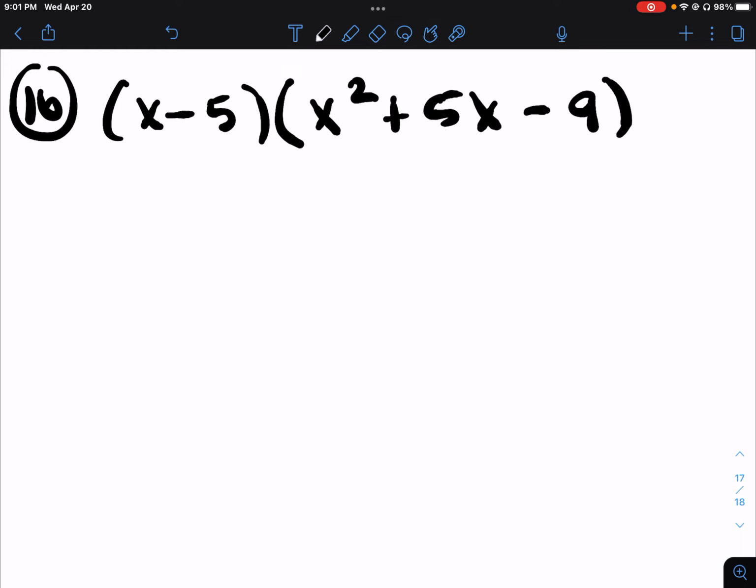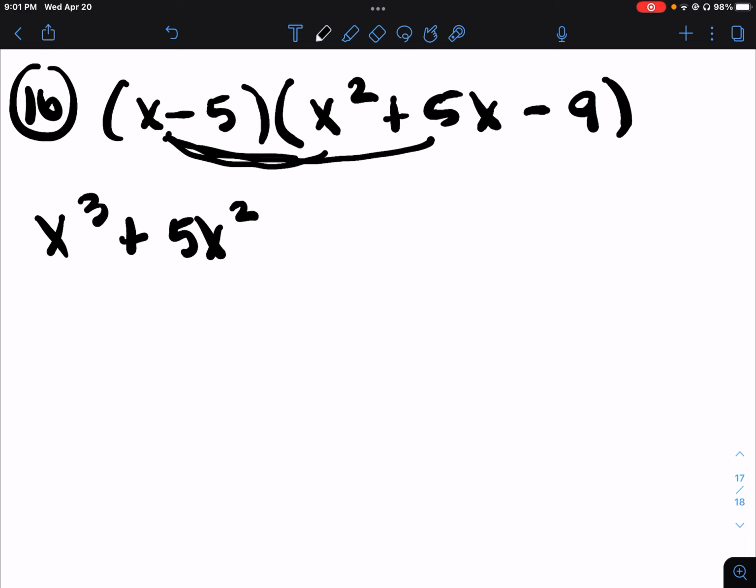Number 16 is not a FOIL problem because it's not 2 and 2. So we're going to distribute the x times x squared, x times 5x, x times negative 9.